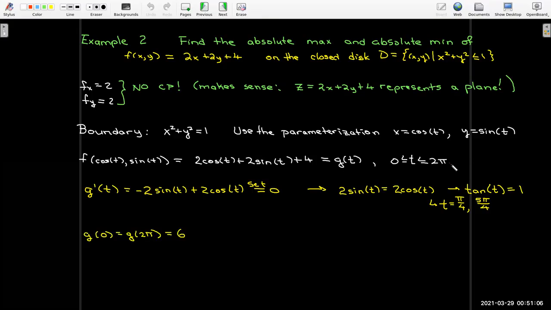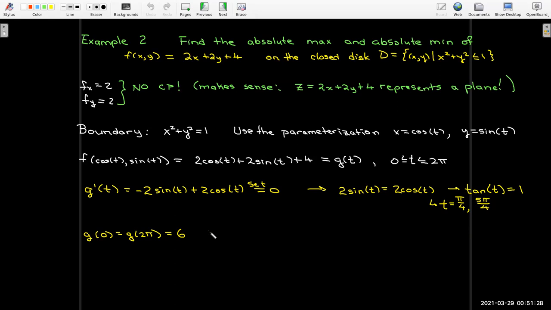All right, so on my endpoints, when t equals 0 and t equals 2 pi, my z value, so the value of g, is going to be 6. If I put in 0, cosine of 0 is 1, but sine of 0 is 0.